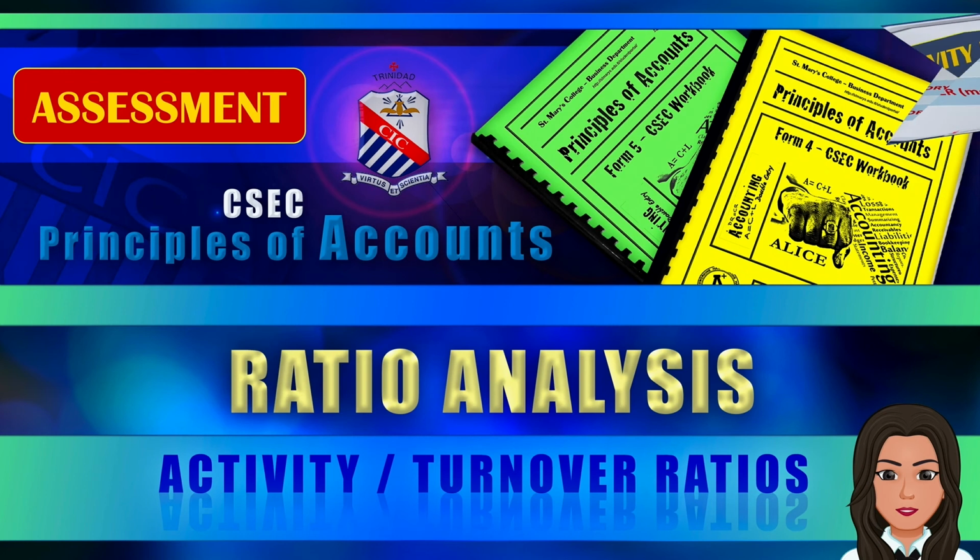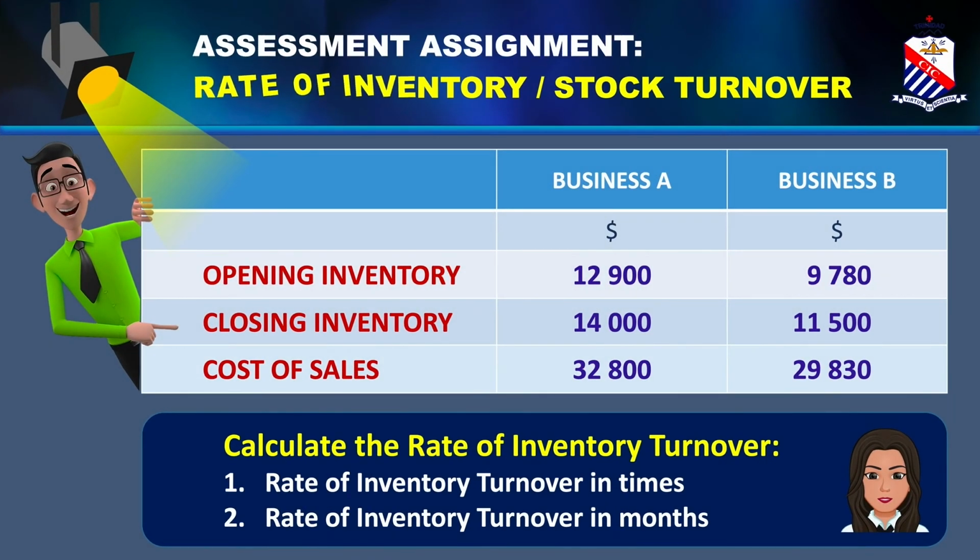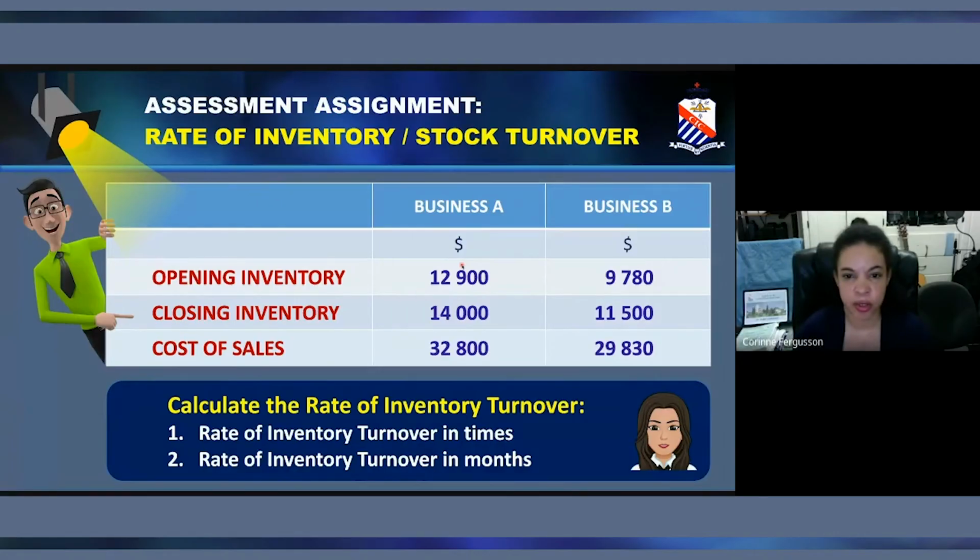So basically now, to reinforce these ideas, you would have an assessment or assignment to do where you will have to work out, we have 2 businesses, business A and business B. And the information given for both businesses would be opening inventory, closing inventory, and your cost of sales.